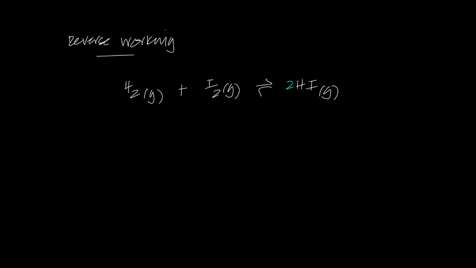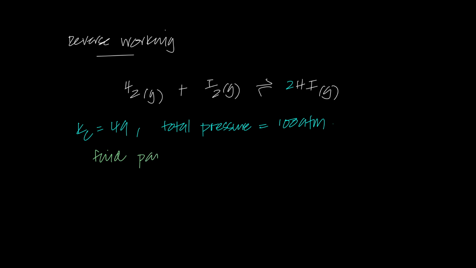Now, the examiner tells you the Kc is equal to 49 and says the total pressure is 100 atmospheres. Find partial pressures. Don't be scared, you guys can do it. Partial pressure of gases.